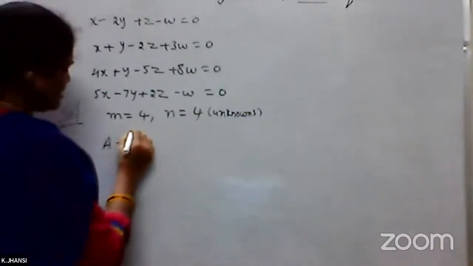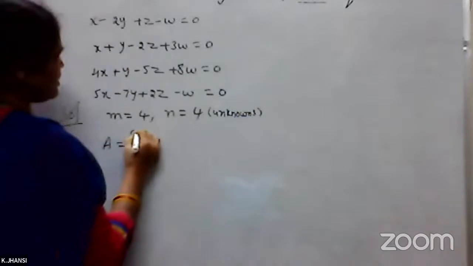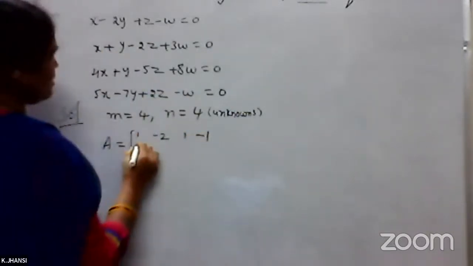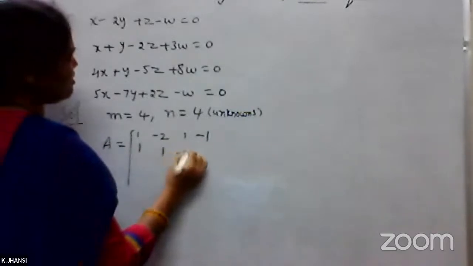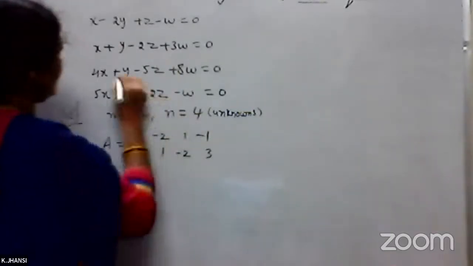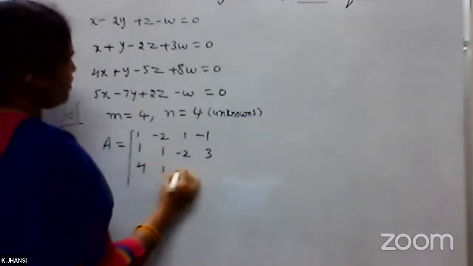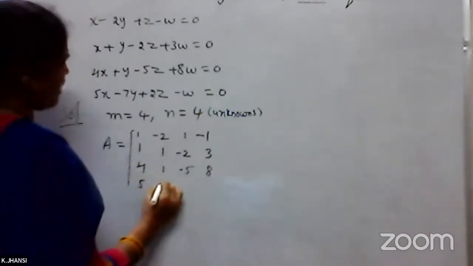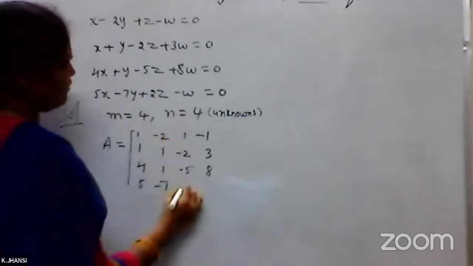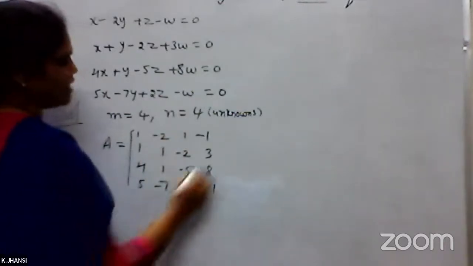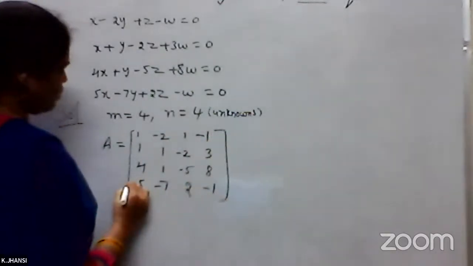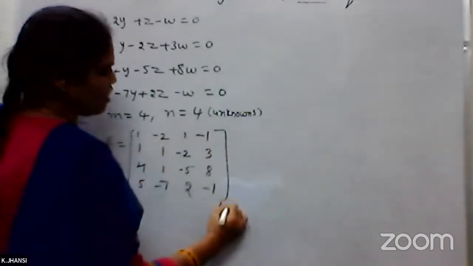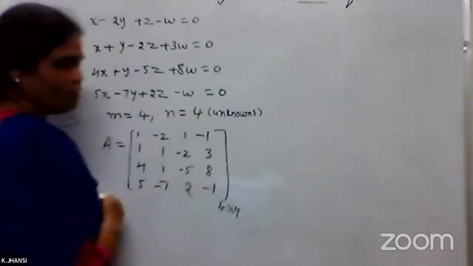So here A equals, you write the coefficients here: 1, -2, 1, -1; 1, 1, -2, 3; 4, 1, -5, 8; 5, -7, 2, -1. This is the coefficient matrix A, with 4 rows and 4 columns, so it is 4 by 4.